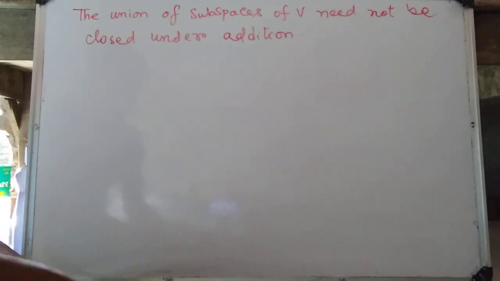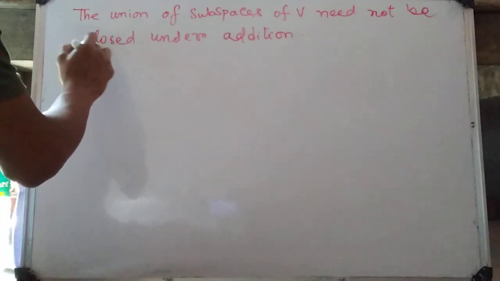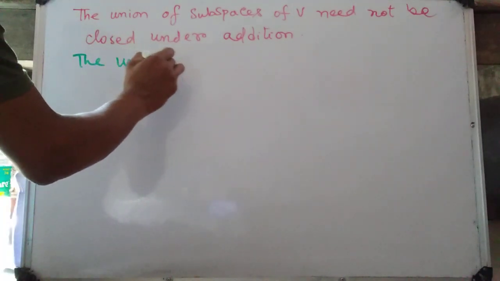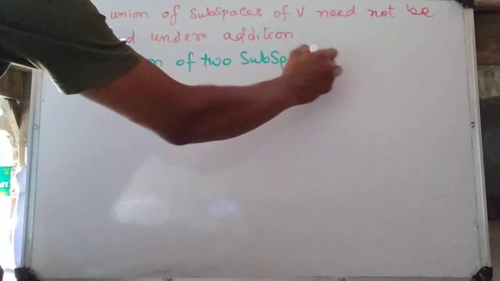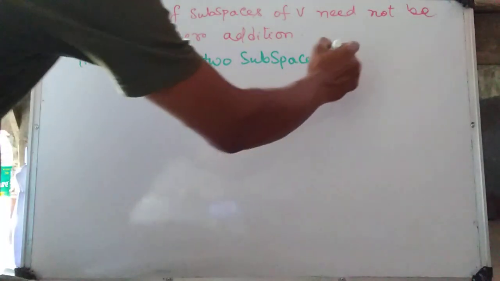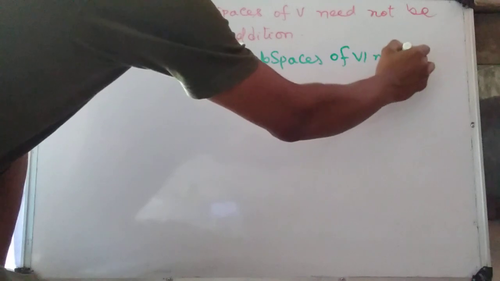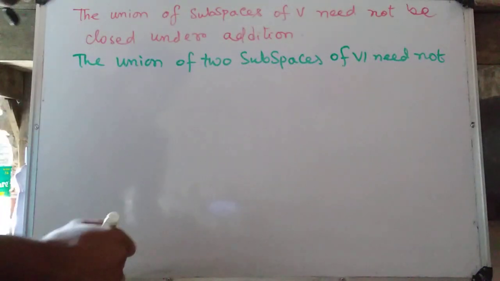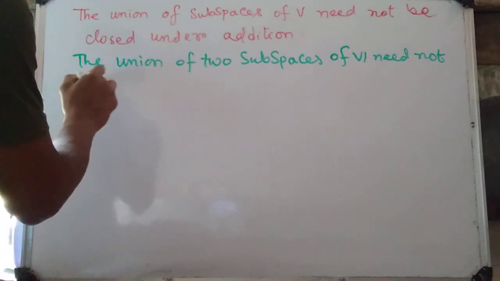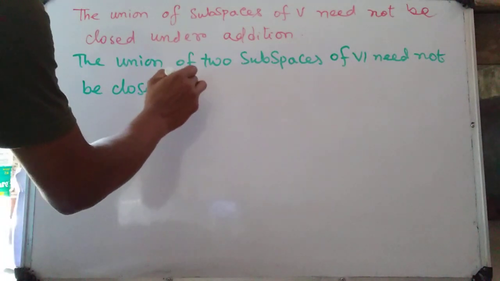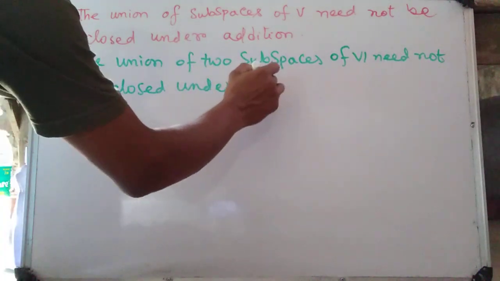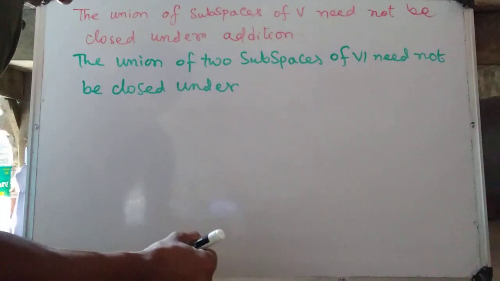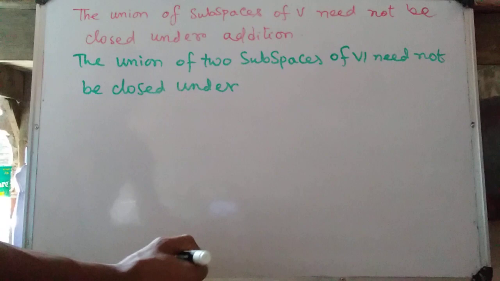Okay, then we also talk about the union of two subspaces. The union of two subspaces of V need not be closed under addition.